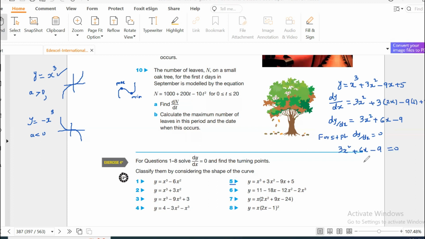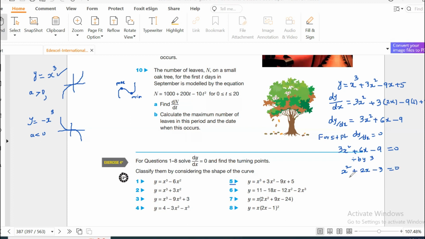Remember that this is a quadratic equation, and when we have a quadratic, we apply the sum and product factorization concept, the completing the square method, or the quadratic formula. As you can see, they all are divisible by 3. So divide by 3, we will get x squared plus 2x minus 3 equals 0. I divide throughout the equation by 3.